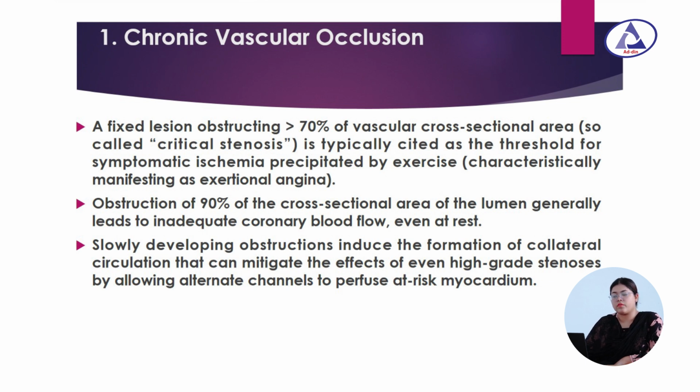An obstruction of 90% of cross-sectional area of the lumen generally leads to inadequate coronary blood flow even at rest. Slowly developing obstructions induce the formation of collateral circulation that can mitigate the effects of even high-grade stenosis by allowing alternate channels to perfuse at-risk myocardium.